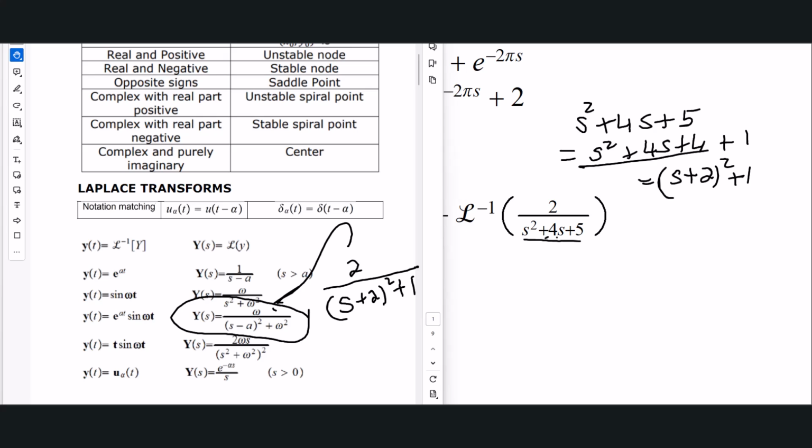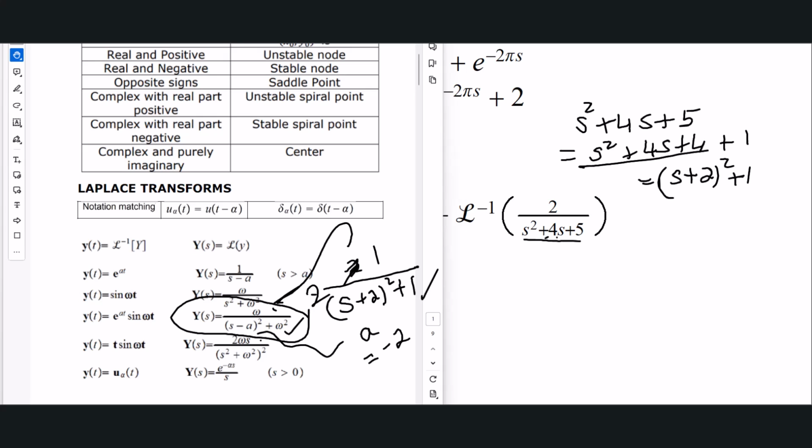And if you compare here, in this portion the quantity a is going to be negative 2, and omega squared is 1, or omega, I can call it w as well. So I can factor this 2 out and write that as 1.